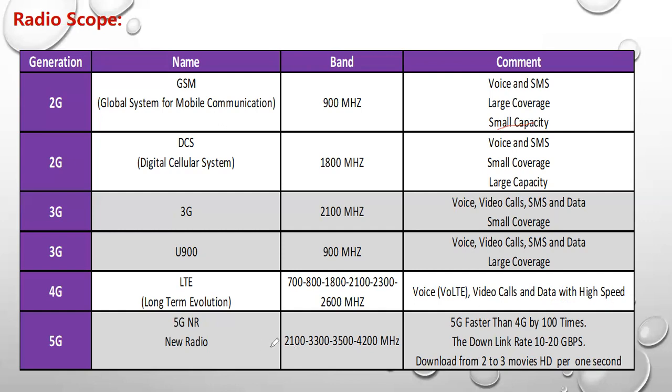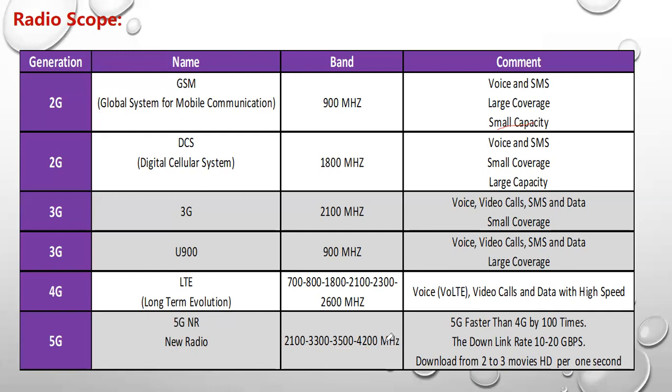Now, there is 5G. We've heard about 5G a lot, but we haven't seen a plan for 5G yet. Now, 5G is known as 5G NR, which is short for New Radio, which came down with bands of 2100, 3300, 3500, 4200 megahertz.